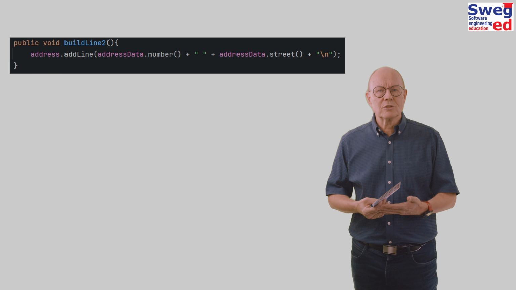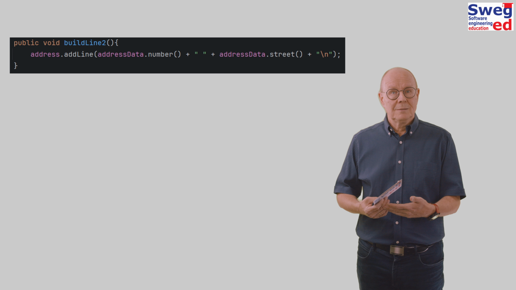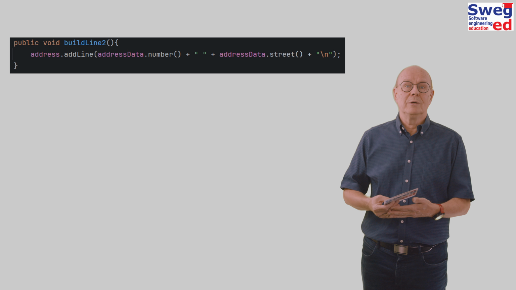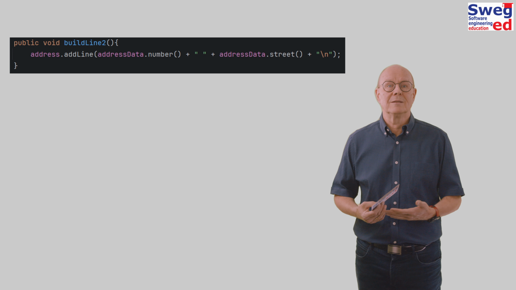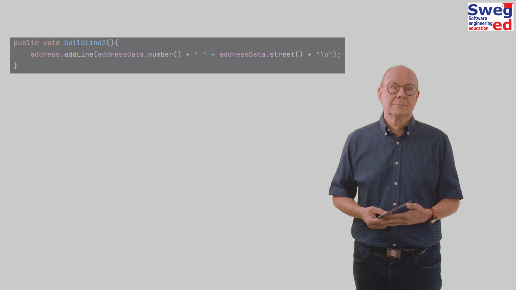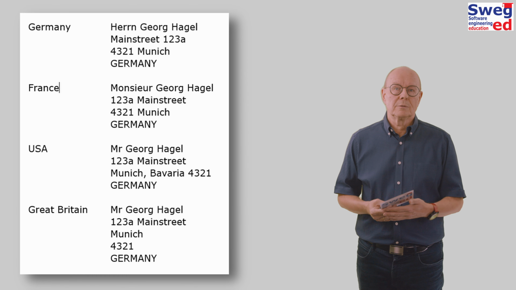Therefore, the construction of this line has been implemented in address builder. So the method buildLine2 in the classes US address builder, French address builder and GB address builder does not need to be overridden.